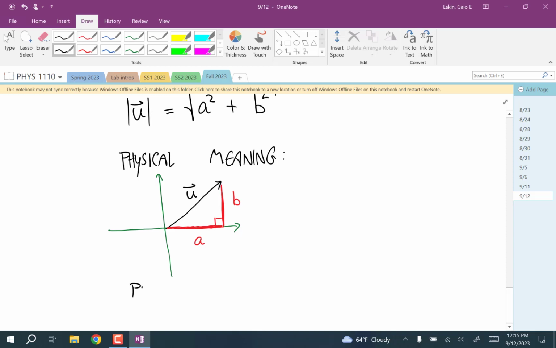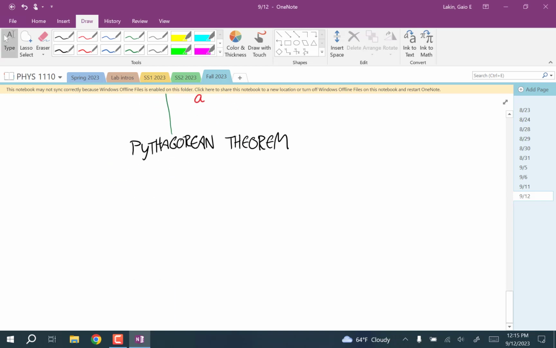So this is just the Pythagorean theorem. Okay, let's do an example problem. I think there's at least one problem in the homework that you'll have to do that's sort of like this.